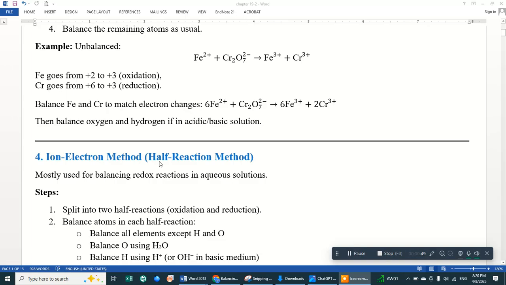The ion electron method is also used to balance redox reactions.